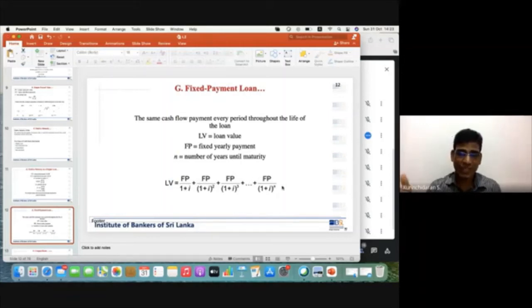If you discount all these future payments, you will get the loan value. So in a fixed payment loan, you have to think about how we are going to convert these future payments into present value. That's your loan value, right?